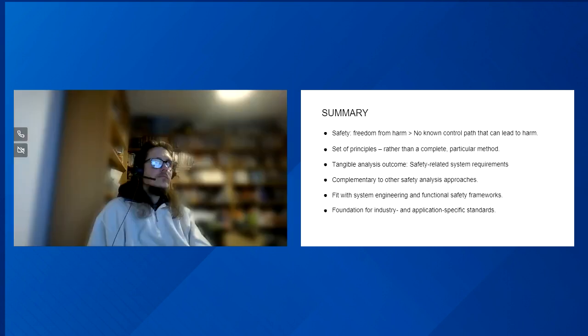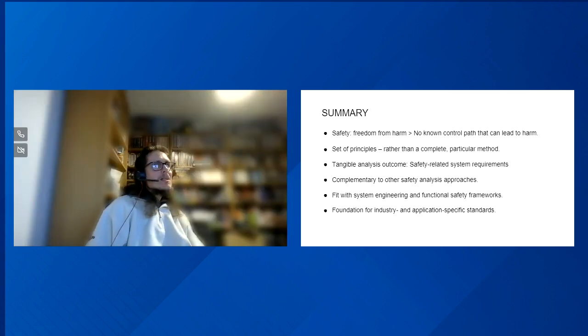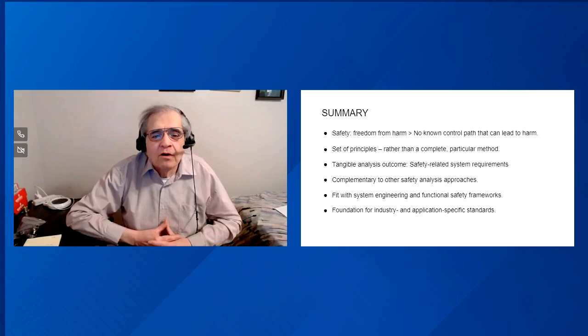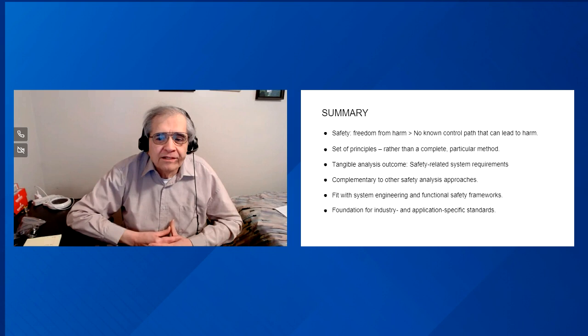Over to you, Tom. Okay. Basically, if you look carefully at what we're talking about here, we're not getting into the realm of designing a control structure, but rather we're examining a control structure and making sure that there are no potentials or conditions in that control structure that, in the context of the operating environment, would lead to harm.